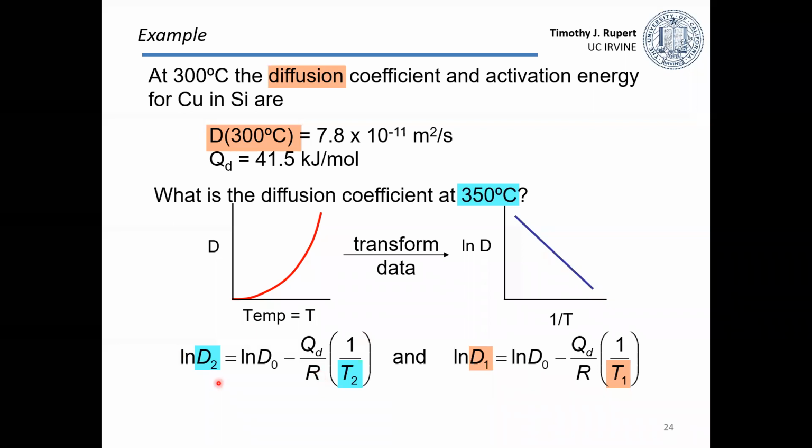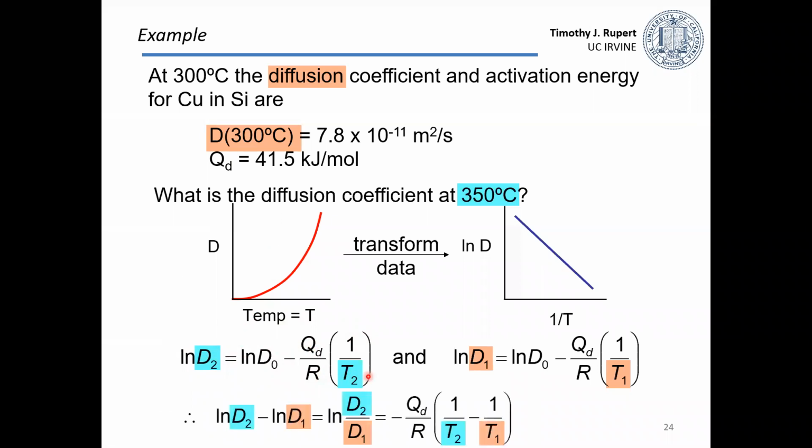What we can do is take those equations for each temperature, each with a diffusivity. So what I did here is I took the natural log of both sides. This was originally D2 equals D naught exponential negative Q over RT2. I took the natural log of this and subtracted the equation for the other temperature from both sides, and I can end up getting rid of some of those terms.